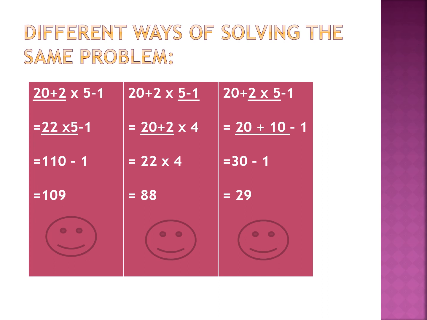He wrote 10, then minus 1. Then in the next step he says, ma'am, I did 20 plus 10. So 20 plus 10 is 30 and minus 1. And then in the last step, I subtracted 1 from 30 and I got 29 as the answer. So correct. I say, yes, you are also correct. So all the three students are correct.